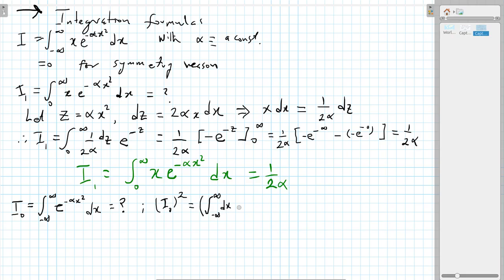They are dummy variables. The x I'm going to use for the first one, e to the minus alpha x squared times another integration from minus infinity to infinity dy e to the minus alpha y squared. Okay, so this is like I0 times another I0.